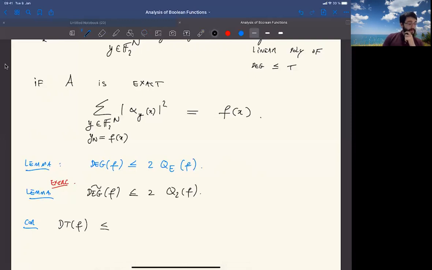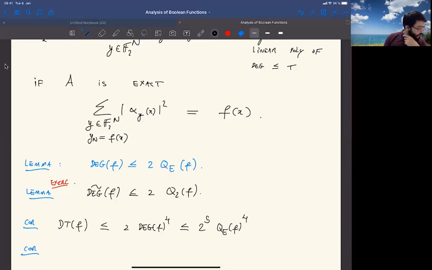We showed in the previous class that the decision tree complexity of f is less or equal than the degree of f to the power 4; degree of f and decision tree are polynomially related, and that's one of them. And so if you raise this side to the power 4, what you get is 2 to the 5, QE of f to the power 4. So it's another corollary.